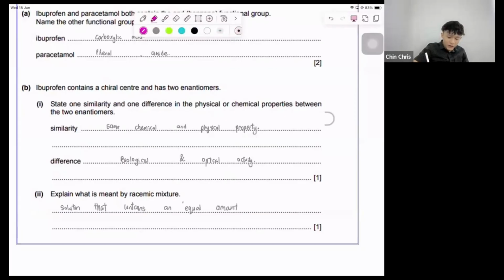Equal amount of what? Of your optical isomers, right? Then with no net optical activity.